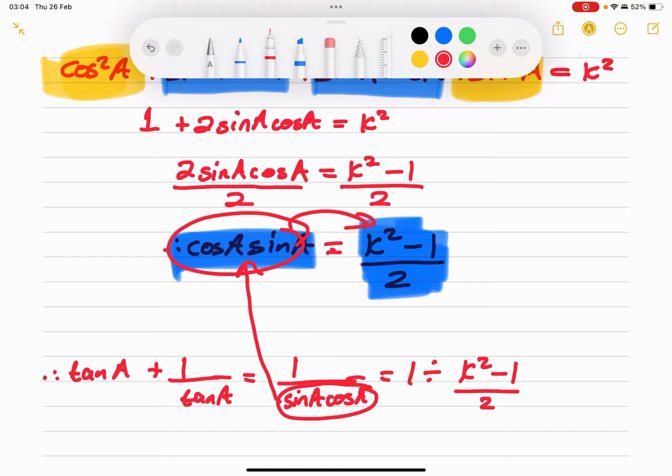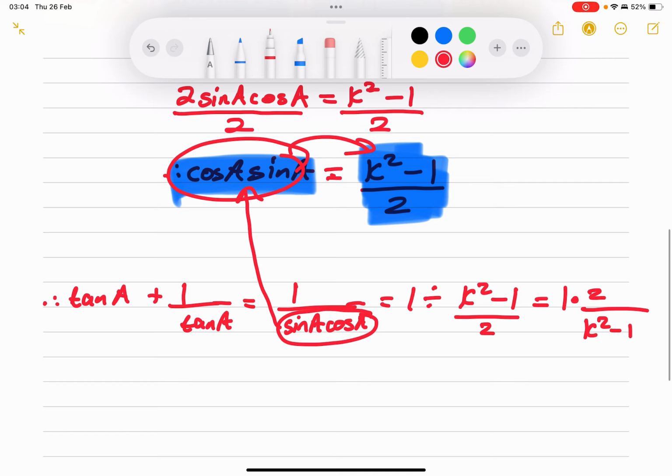And this will be 1 multiplied by 2 over K squared minus 1. Remember, when we change the division to multiplication, you must reciprocate the fraction. And then this will give us 1 times 2, which is 2 over K squared minus 1. And that is the final answer for 8.1.